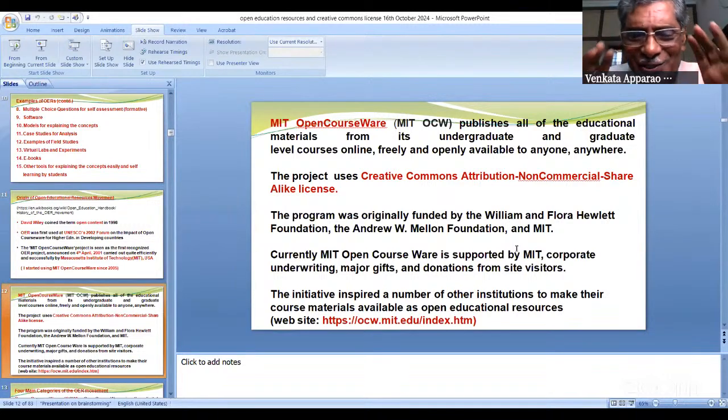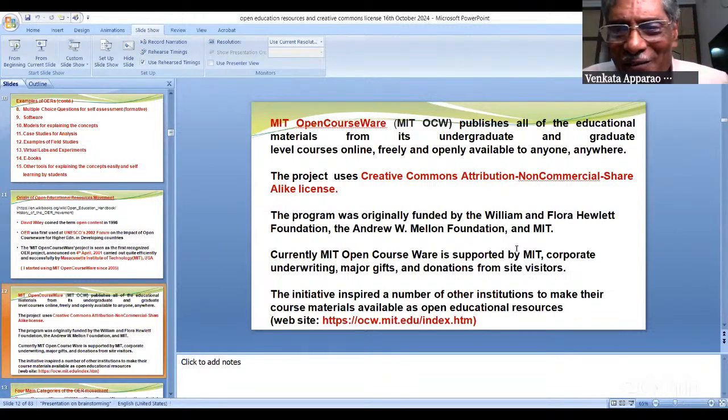There are three institutions, two foundations, philanthropists, and then MIT from its own revenue. Because it involved billions of rupees for developing separately, new faculty have to be hired for that purpose. New office staff have to be hired, and a lot of expenditure is involved. It was a big movement.